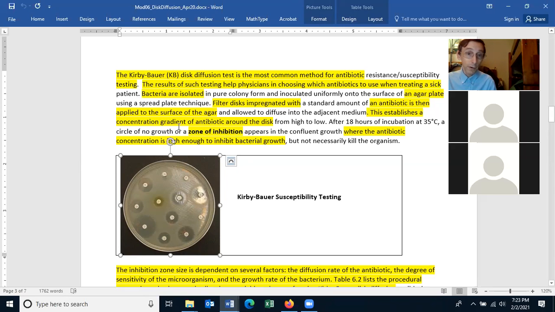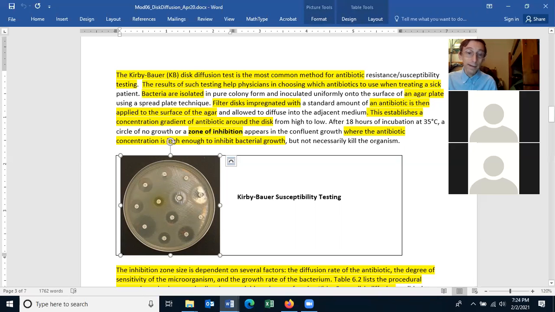So the Kirby-Bauer test is very similar to the way the antibiotics work in a patient. And that's why the Kirby-Bauer test, this diffusion test, is so widely used on antibiotics to find out which is a good one to work on an infection.